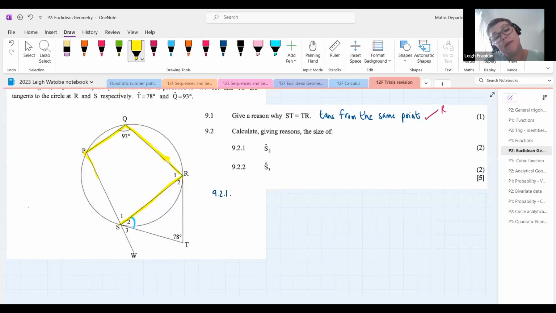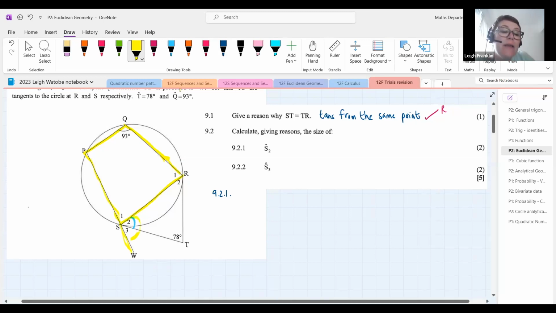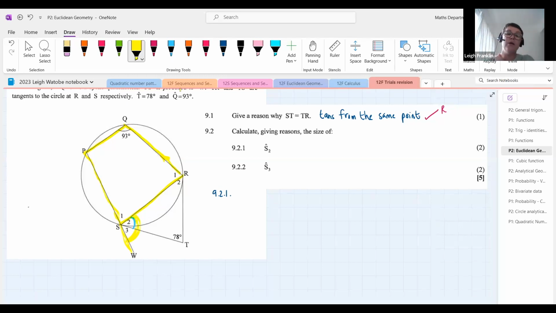What's happened here, Leanne, is that side PS, I'm just highlighting it rather badly, has been extended to W. So this entire angle here, S2 plus S3, is the exterior angle of the cyclic quad. So it's not just S2. S2 is part of that, but it's not the entire thing.